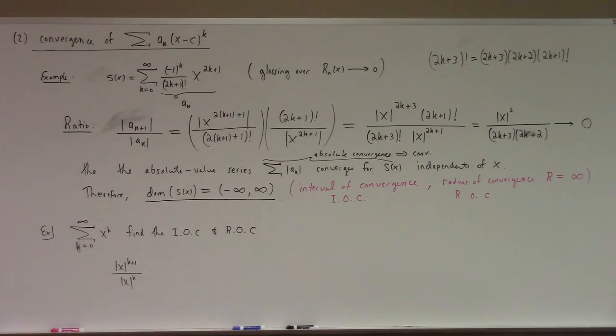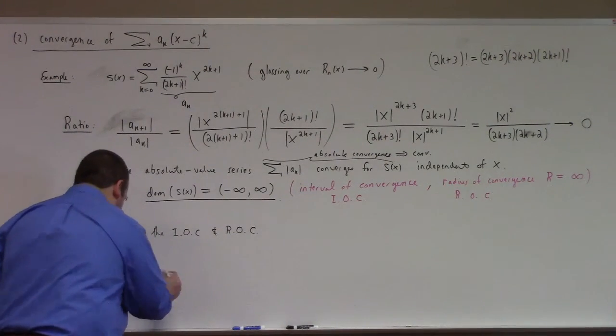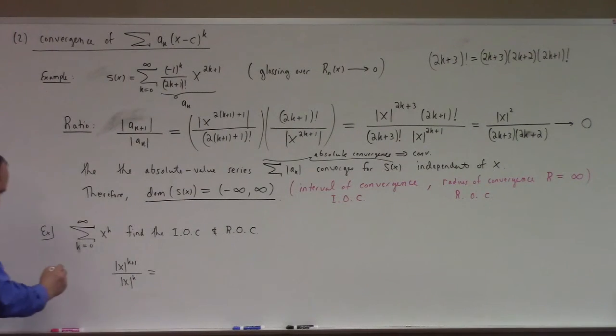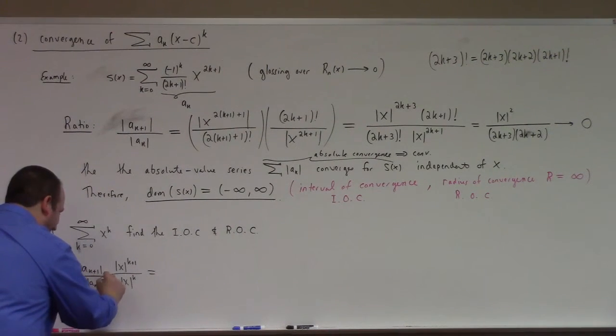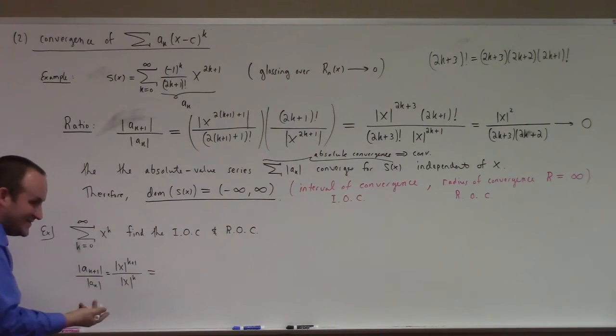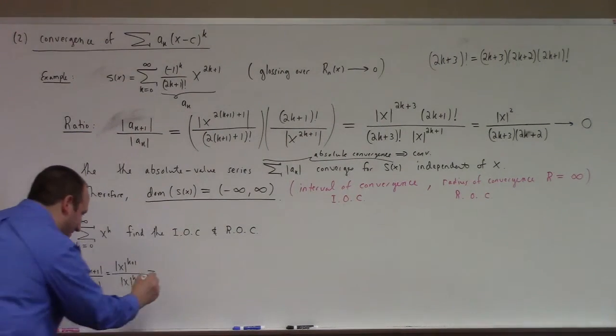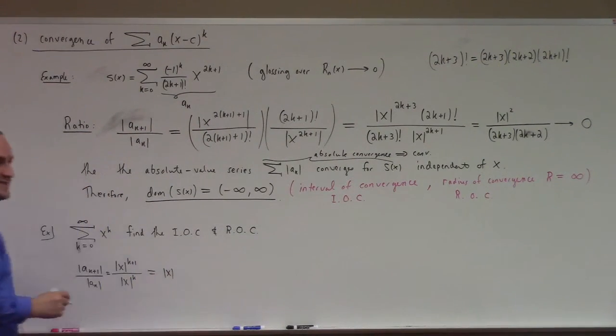If we apply the ratio test to the absolute value of the power series, we will get proof of the absolute convergence of the power series for certain x. How's that? This is easier, right? So that's, right, which is what? x.